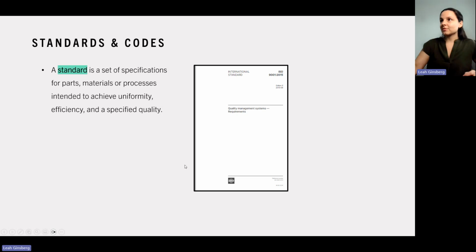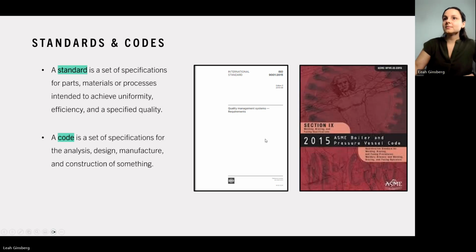One example of that is ISO 9001, which are the requirements for quality management systems. These standards are often voluntary, but designing to a standard is a good way to ensure that your system will work well with other systems and other machines that engineers have designed all around the world.